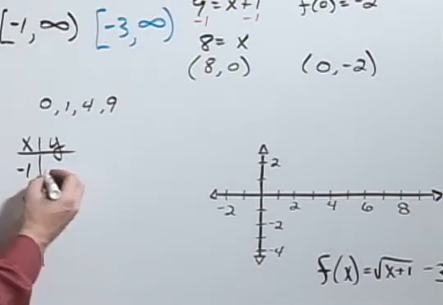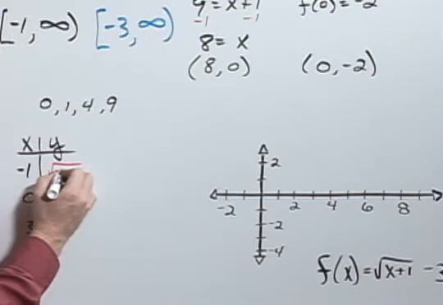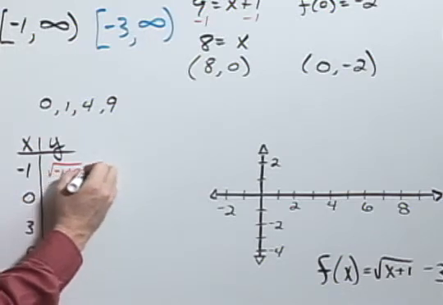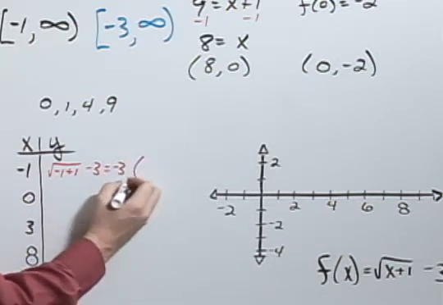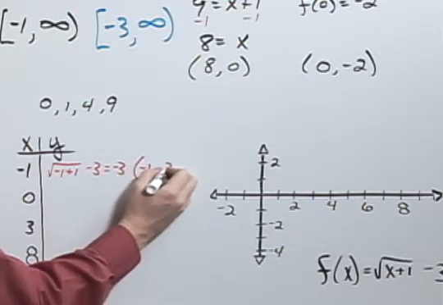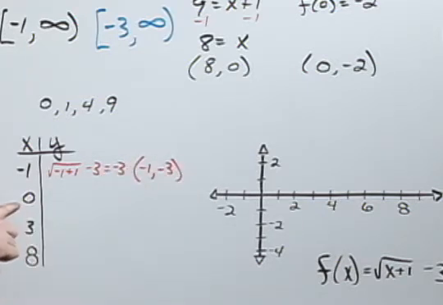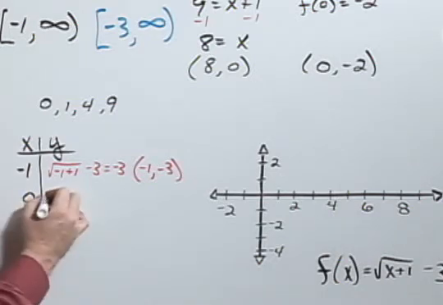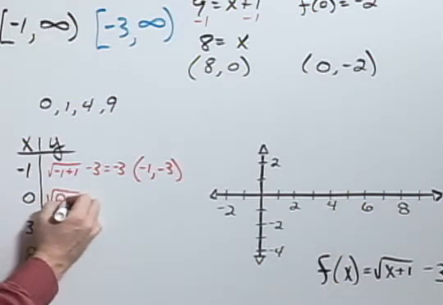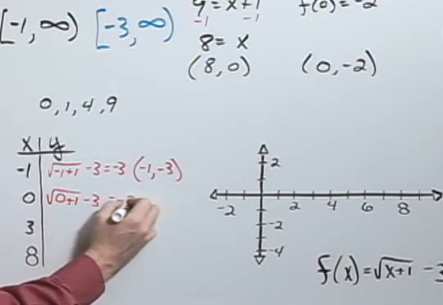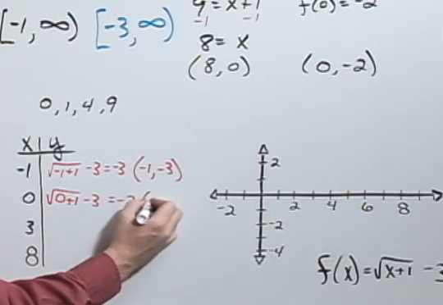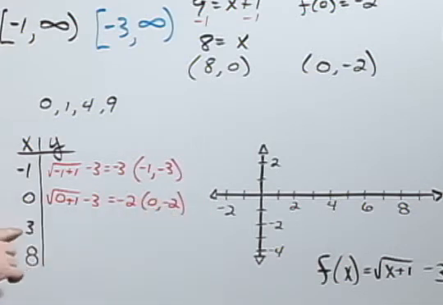Putting those values in, negative 1 plus 1, square root, minus 3 is going to equal negative 3. So I have the coordinate (negative 1, negative 3). If I put 0 in, I get the square root of 0 plus 1 minus 3, which is negative 2. So I have the point (0, negative 2).